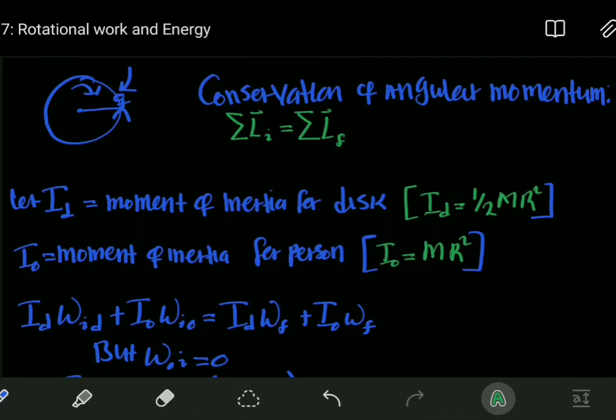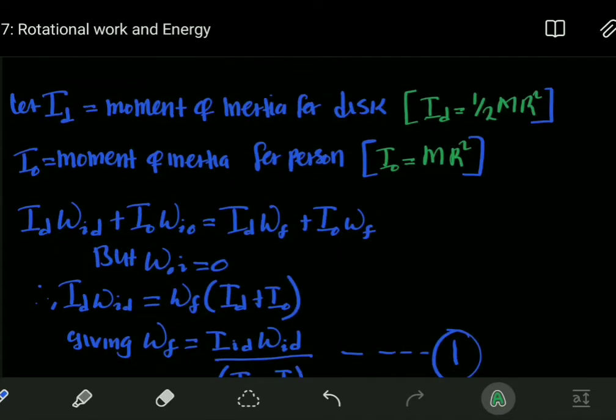Okay, so conservation of angular momentum therefore gives the moment of inertia of the disk multiplied by the initial angular speed of the disk, plus the moment of inertia of the person multiplied by the initial angular speed of the person, must equal the finals of these.